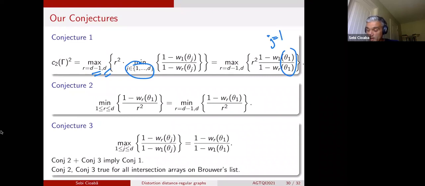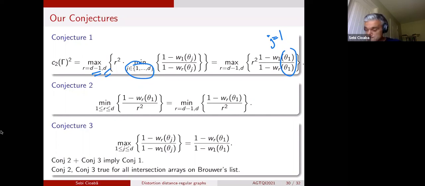If you break down the conjecture, there are actually two things in there. So we have two maybe simpler conjectures, conjecture 2 and conjecture 3. And again, 2 and 3 imply conjecture 1. We checked both of them for all the intersection arrays on Brouwer's list.